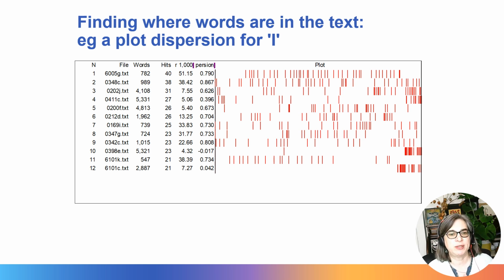So from left to right, each little red line shows from the beginning on the left to the end on the right of each file. And if you look to the right-hand side, you'll see that a number of the texts have a little cluster of red lines at the end, denoting quite a few occurrences of I at the end of the text.